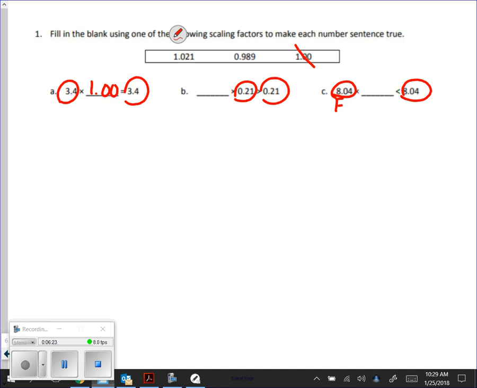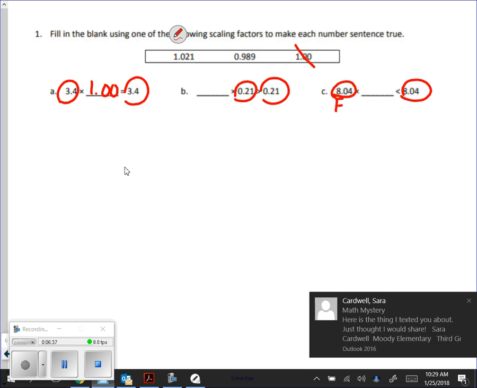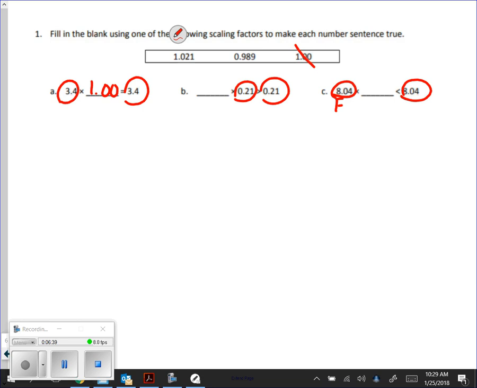How do you know? Because it's larger than 1. I've got 1 here and then some extra numbers. It's 1 and then some. It's almost like a mixed fraction. It's 1 in front of the decimal with some other stuff.